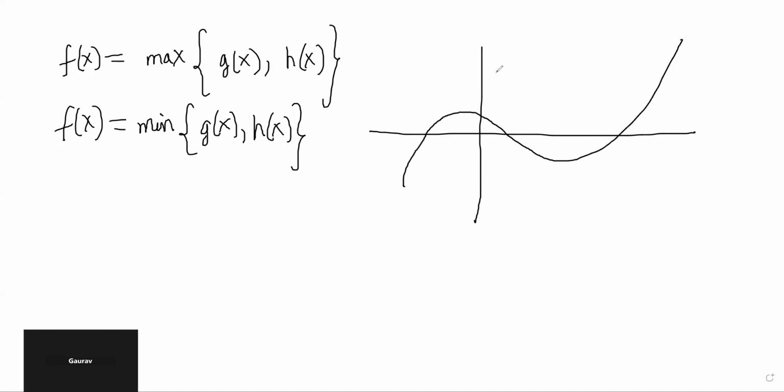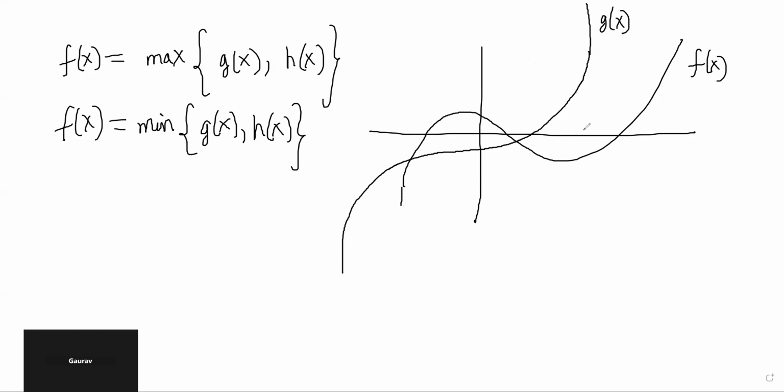Let's say this is the graph of f of x, and let's say the graph of g of x is like this. Do you understand what I have drawn?